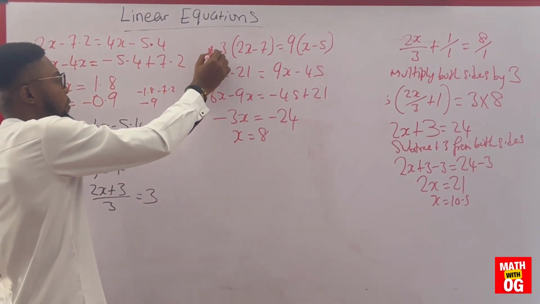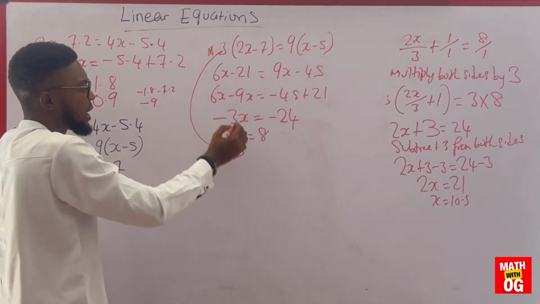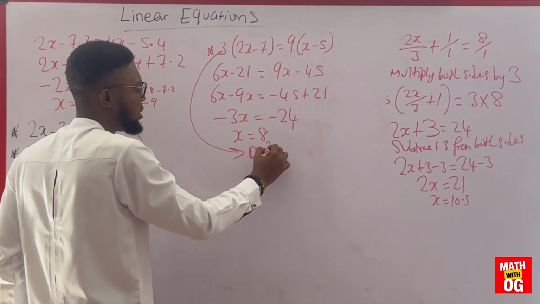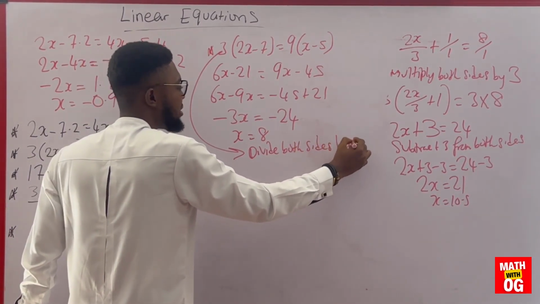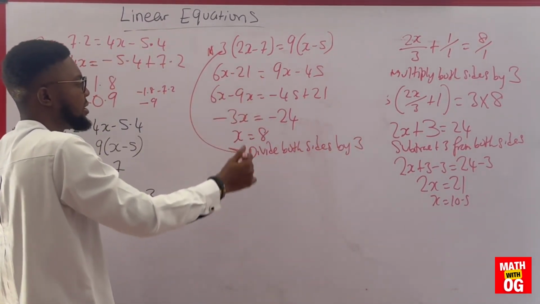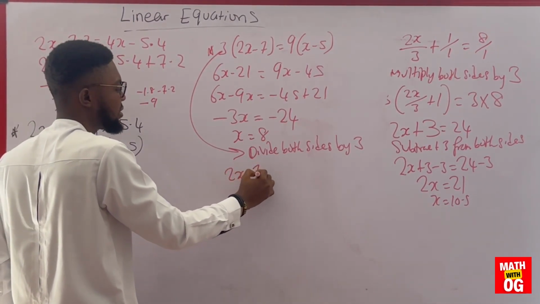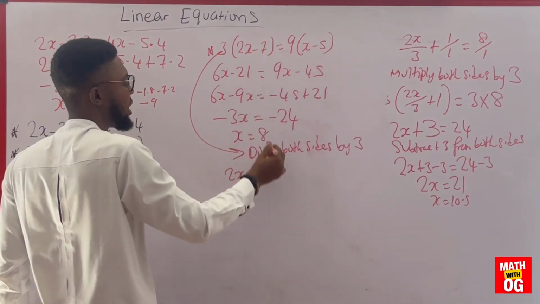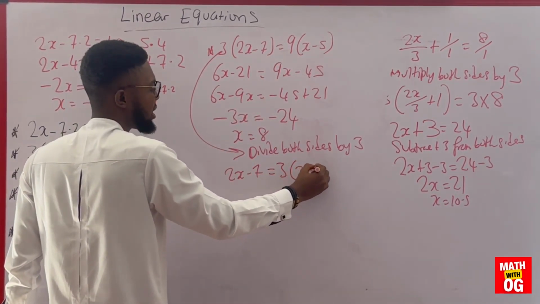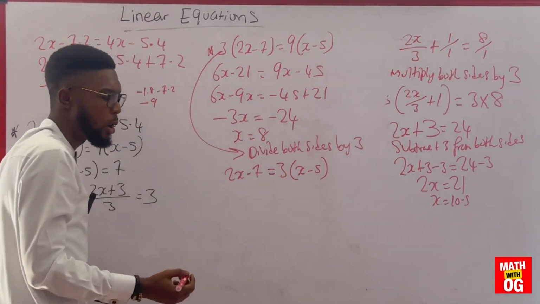Now the other way of solving this, from here down to this point, I can say divide both sides by 3. Now if I divide here by 3, I'll be left with 2x minus 7 because 3 will cancel 3. If I divide here by 3, 3 will cancel 9. I'll be left with 3 into x minus 5. Now we can open the brackets.